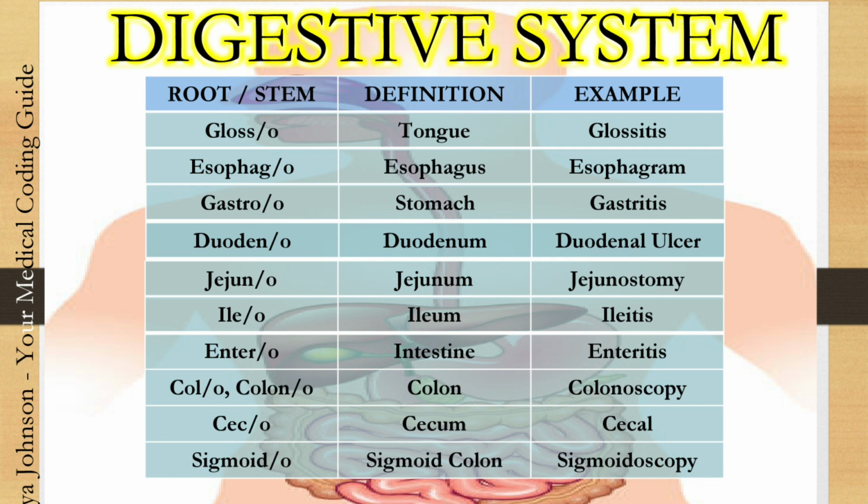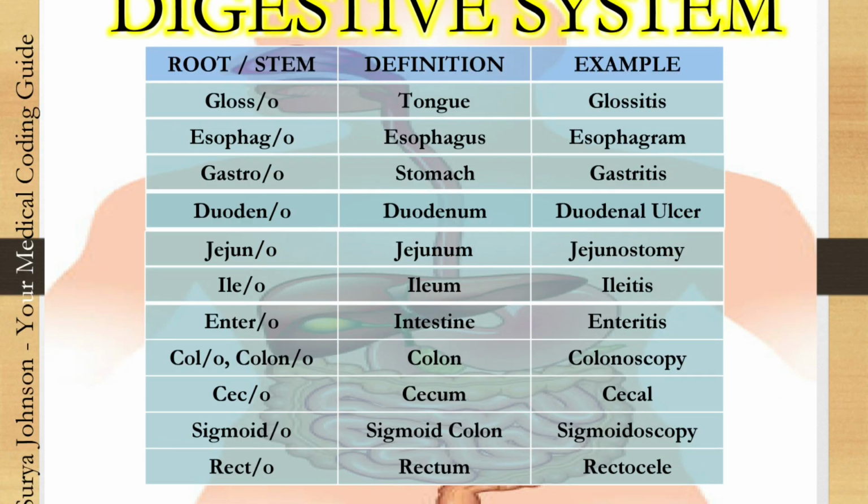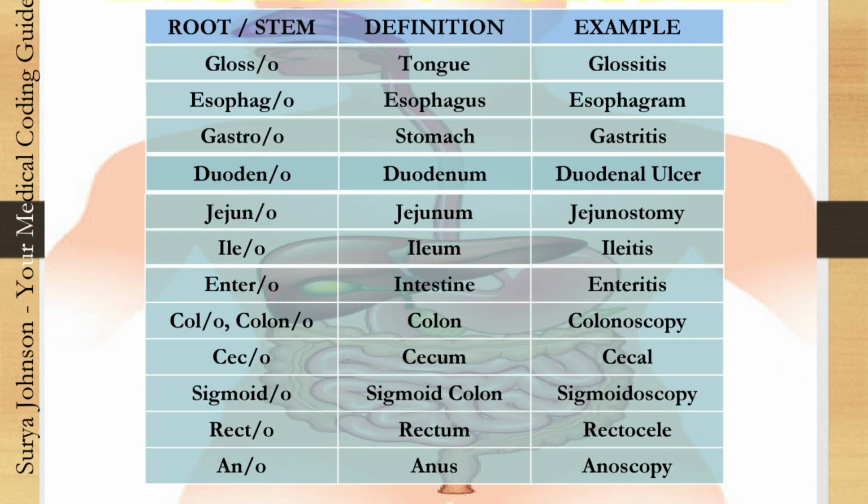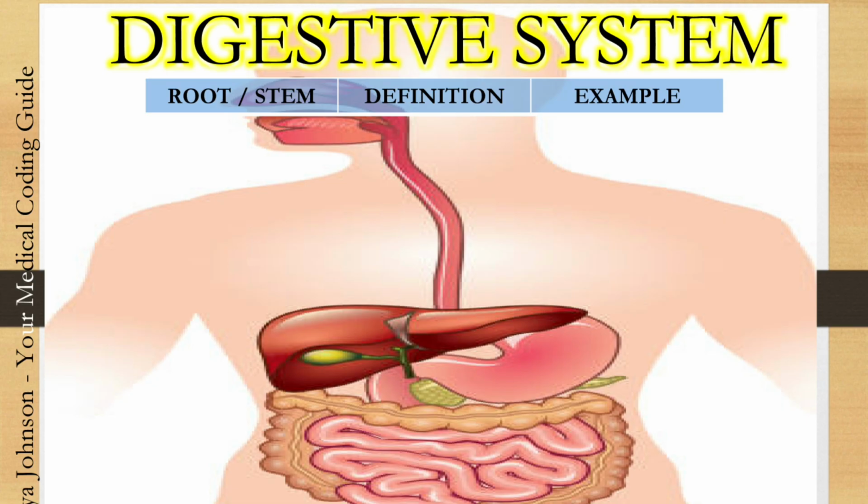The next one is recto, which means the rectum. Example, rectocele. Cele means herniation or bulging, right? So herniation of the rectum. The next one is ano. Ano means anus. Example, anoscopy. It is the examination of the anus.